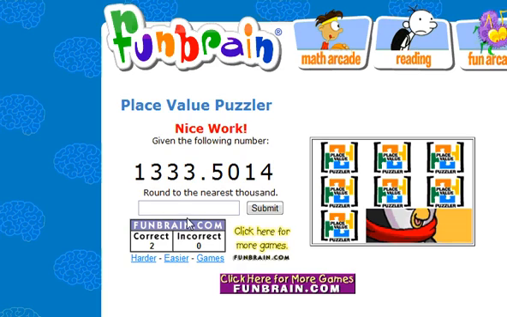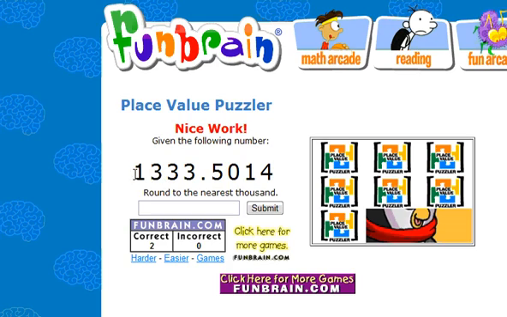Now for the last one, it says round to the nearest thousand. The TH is not on the end, so we know we're working with numbers above the decimal point. So in our final answer, we will not have any of these numbers there. Right now, this number reads 1,333.5014. Since we're dealing with 1,000, that will be right here.